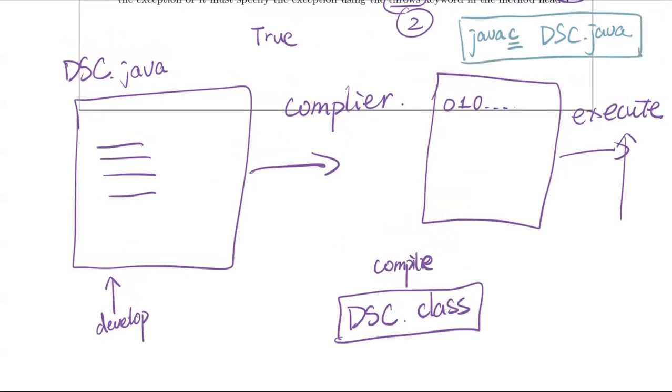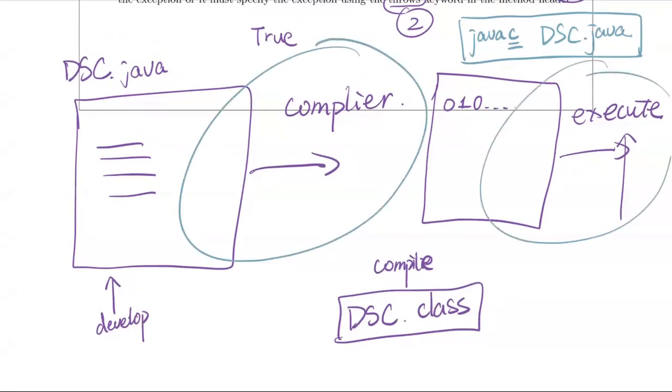And after you compile, you will generate a file called DSC.class. So this is the compilation, and this is the execution. Does that make sense? So basically the compiler turns it into something the computer can understand, but then the execution, I guess, what would that look like? Does that make sense?